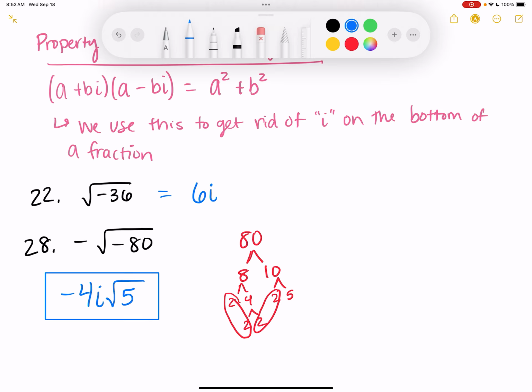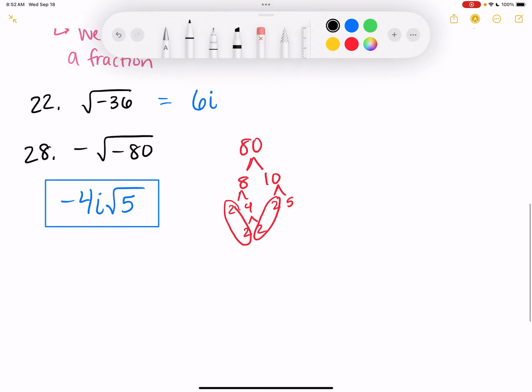Find each product or quotient and simplify the answer. So 30 is the square root of negative 17 times the square root of negative 17. There's 2 ways I can go about this.